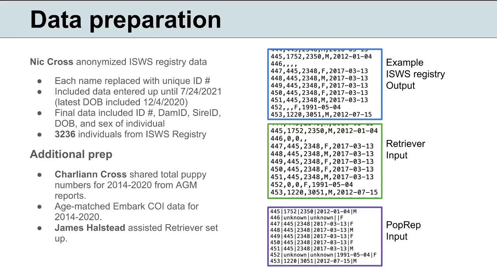And you can see on the right what it looks like, from the straight output I was given to what Retriever needed the input formatted as, and what PopRep needed the formatting for its input. Additional prep involved Charlie Ann Cross sharing total puppy numbers for 2014 to 2020 from AGM reports, so I could have a more total population to look at in some cases.